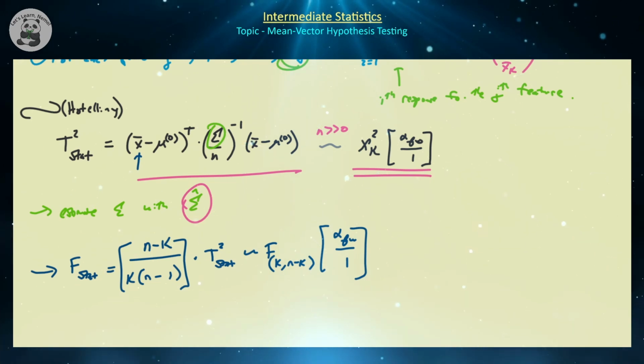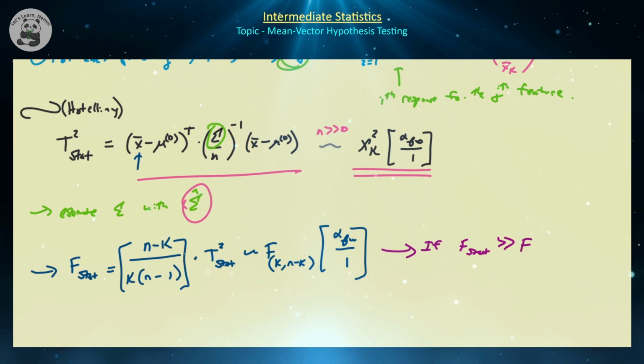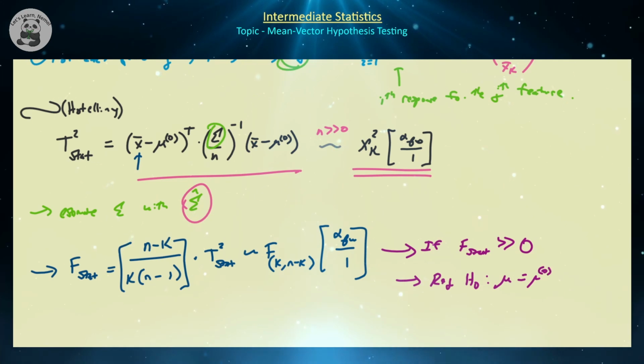So if our F test statistic is significantly large, bigger than our F critical value associated to that alpha family-wide over 1 distribution, then we will reject the null hypothesis that the mu vector is equal to that claimed vector mu0, which means we have evidence to believe that the vector mu is something else.